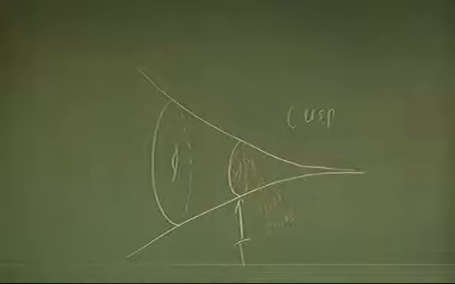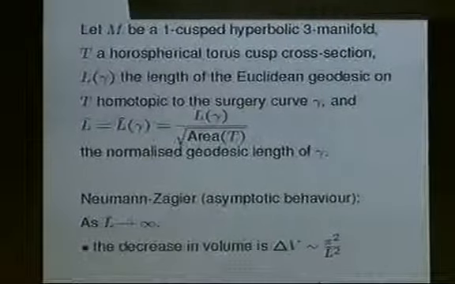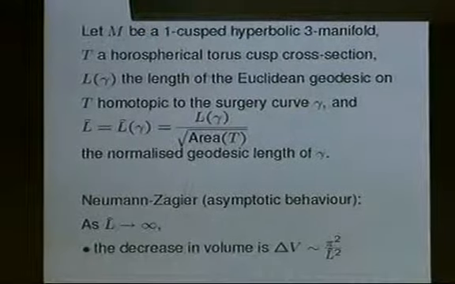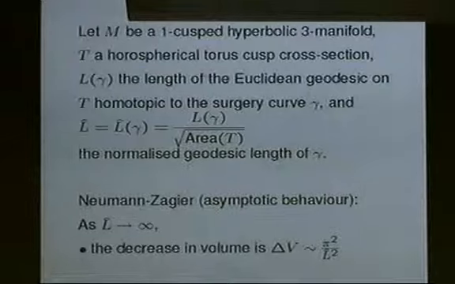So how do you measure its length? Well, you could take the Euclidean geodesic, which will have some length, say L of gamma. But that's not really well defined because we could have changed the cross-section and rescaled everything. A better thing to look at is the normalized length, which is the length in the Euclidean torus divided by the square root of the area. That's independent of the choice of cross-section, and it's a nice measure of how big the curve is in a geometric way.